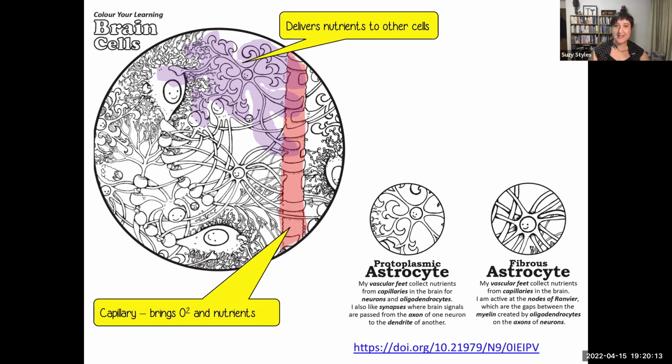So the astrocytes are involved in wrapping themselves around the capillaries and transferring nutrients from the bloodstream to those other brain cells.